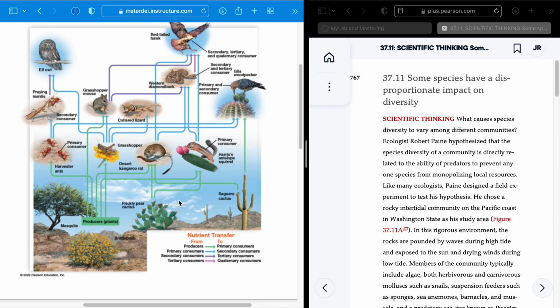But then these ants could also get eaten by this woodpecker. And the woodpecker, it's kind of a top carnivore, but when he dies, he goes into the soil, and then you have the recycling of the nutrients back in the soil for producers.